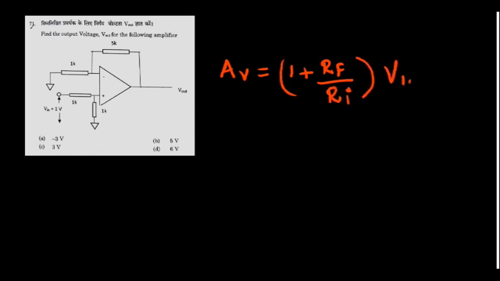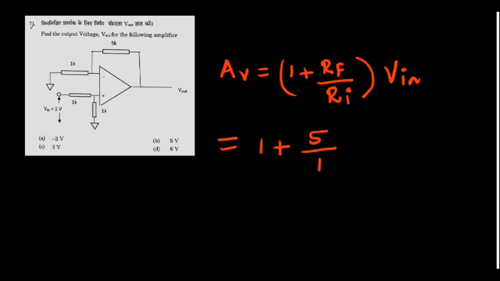By seeing this, you can understand it is a non-inverting amplifier. So what is the voltage gain of a non-inverting amplifier? That is 1 plus RF upon RI, multiplied by V in. What is the value? 1 plus, what is the RF here? It is 5 kilo ohm, 5 upon 1.